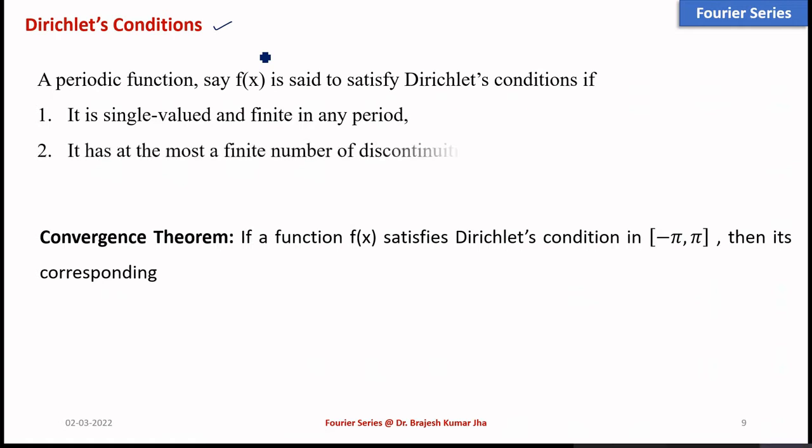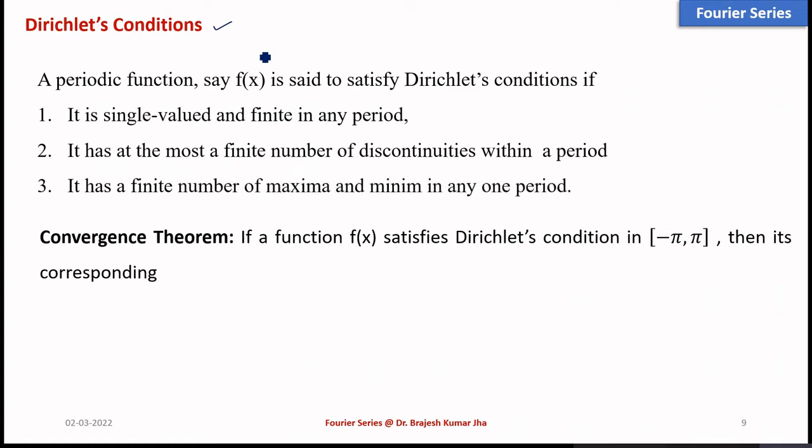Second condition is it has at most a finite number of discontinuities within a period. The period that we have defined earlier, minus pi to plus pi, so the length is 2 pi. And it has a finite number of maxima and minima in any one period. So these are the conditions to apply the Fourier series. So I hope the term is clear.